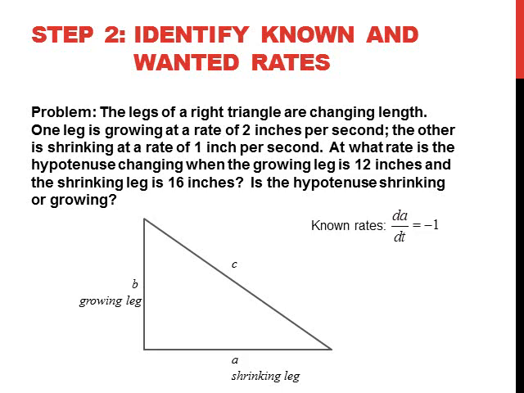So one of the known rates is what I'm calling dA/dt, to reflect that the leg labeled A is shrinking at a rate of 1 inch per second. The other leg is growing, so it has a positive rate of change. So dB/dt is equal to 2. The question asks, at what rate is the hypotenuse changing? So there's the wanted rate right there.